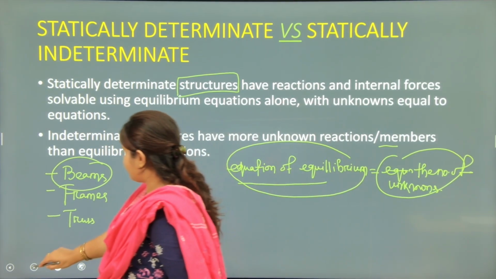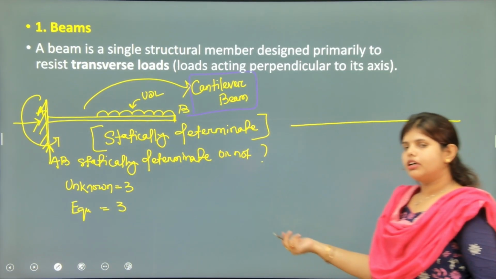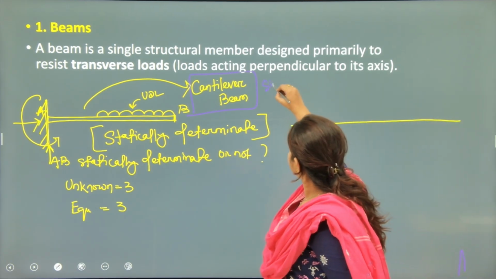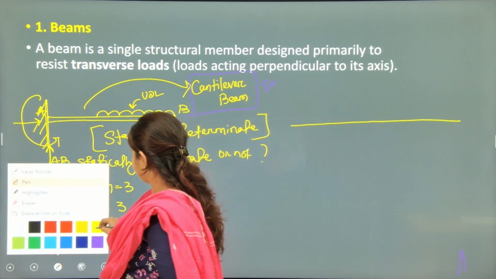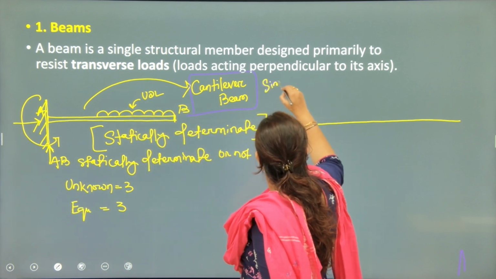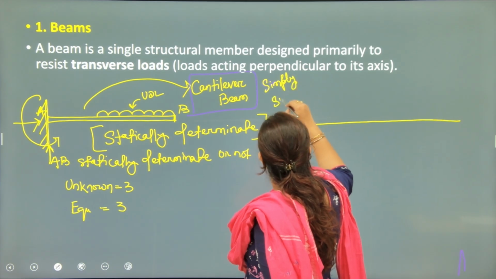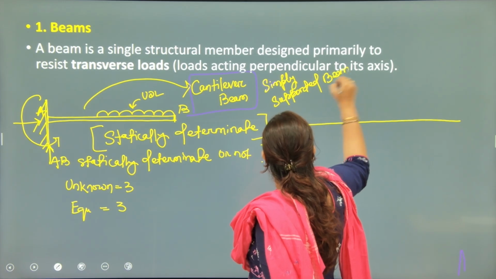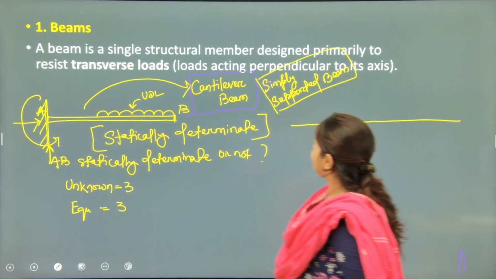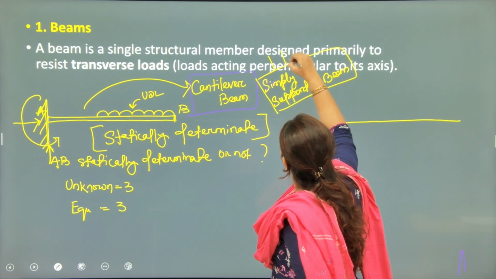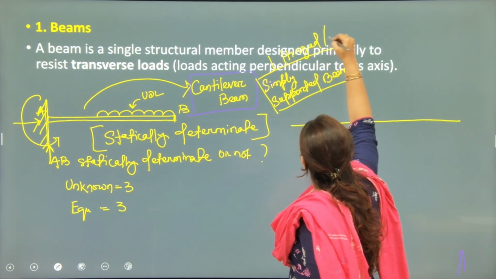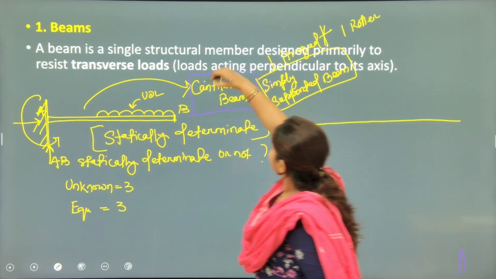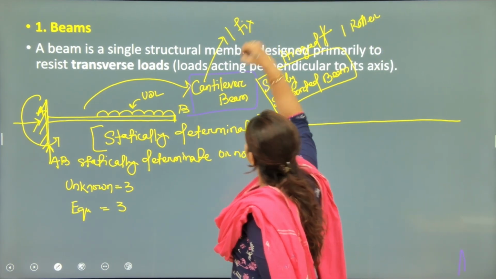If we have one hinge support and one roller support, that beam is called a simply supported beam. Cantilever is one fixed.